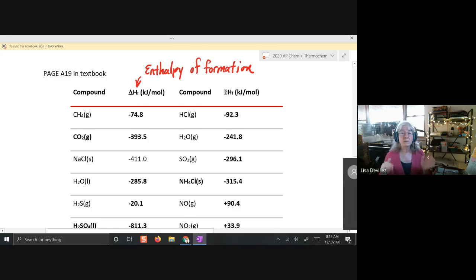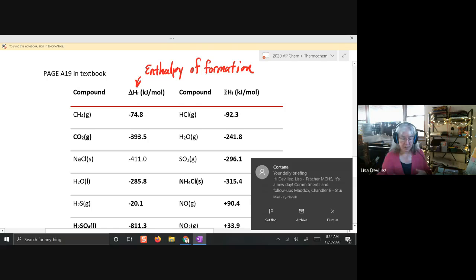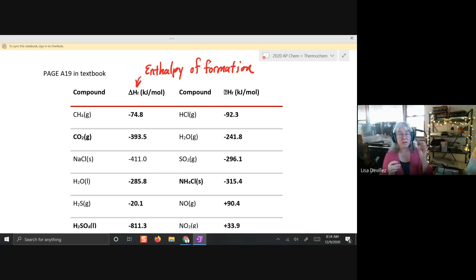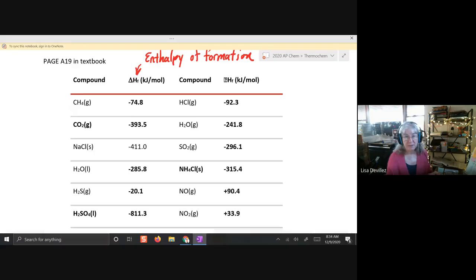So that's what they define the enthalpy of an element in its standard state, that is defined as zero, that delta H is zero.